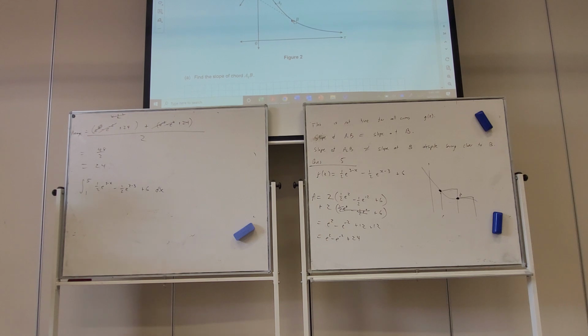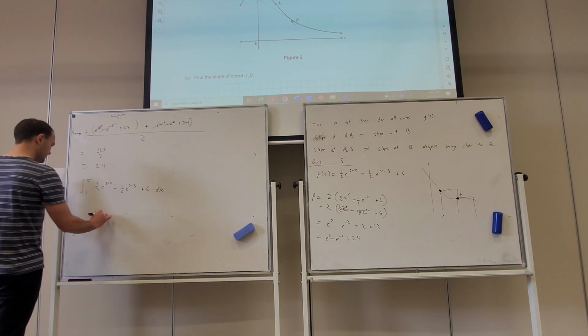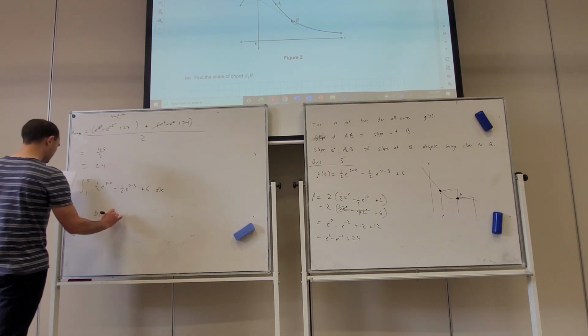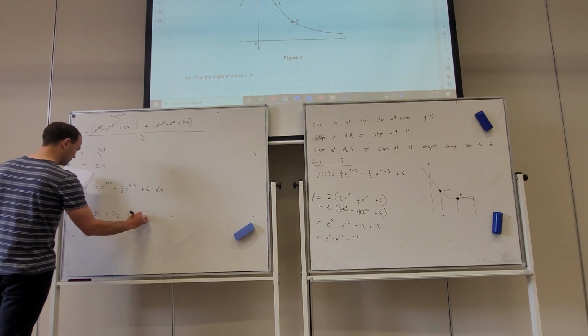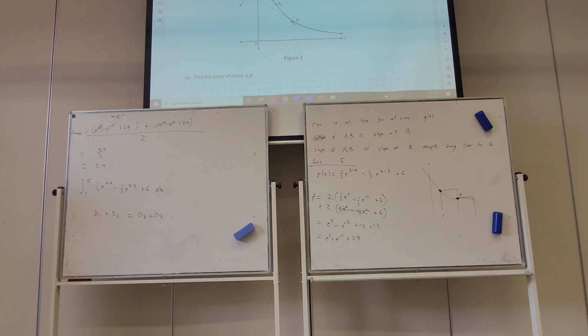Alright, so there's a number of ways that this can be written, but this is the relationship. D1 plus D2 is equal to D3 plus D4. Okay, any form of that is going to be true, right?